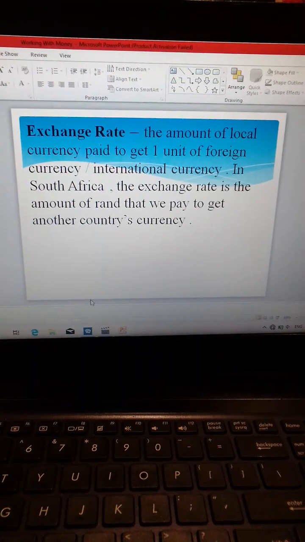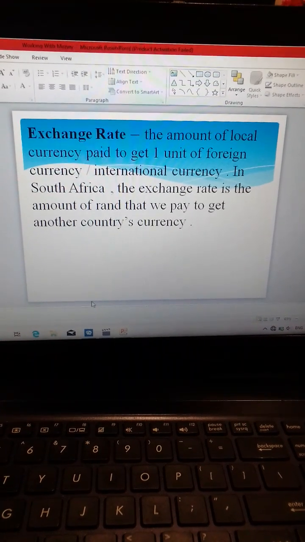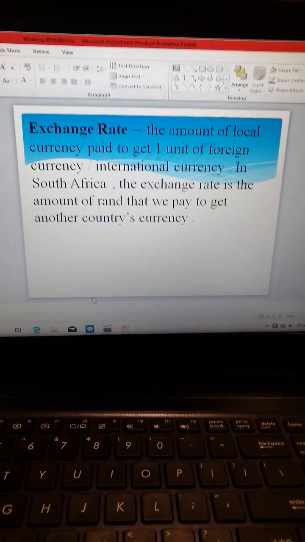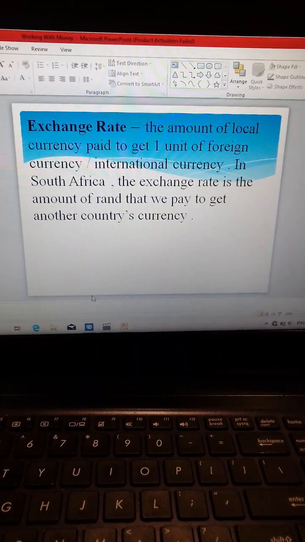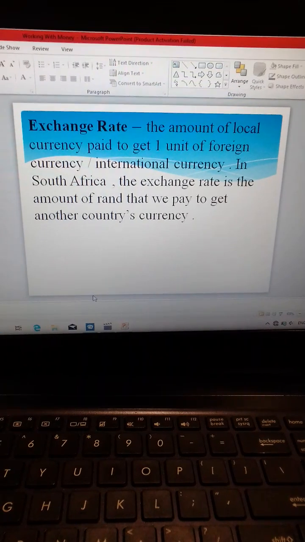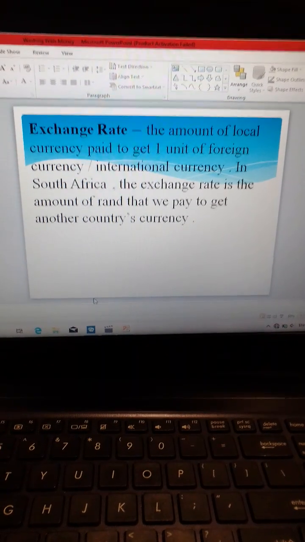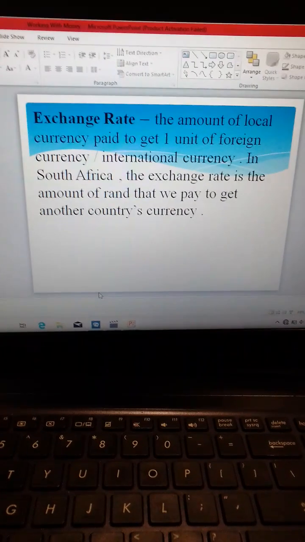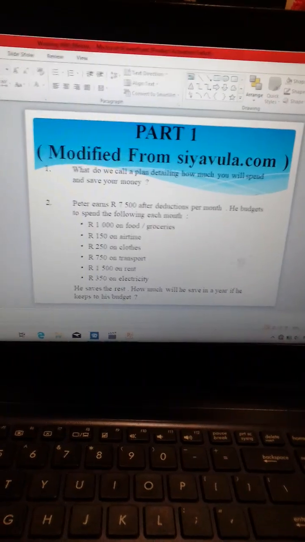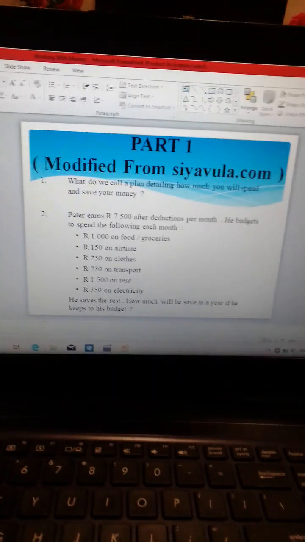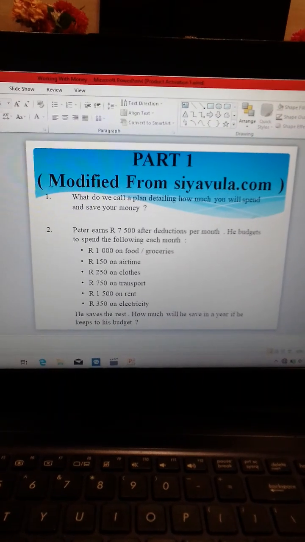Okay, Lesotho's currency is Maloti, for example, United States of America's currency is the USD, which is the US dollar. Britain's currency is the pound, just like that. Please take this down. I modified it from siavula.com.